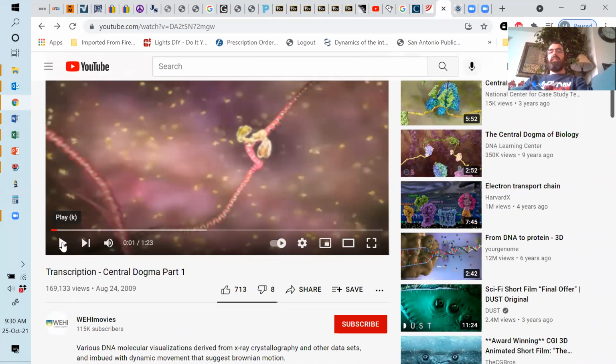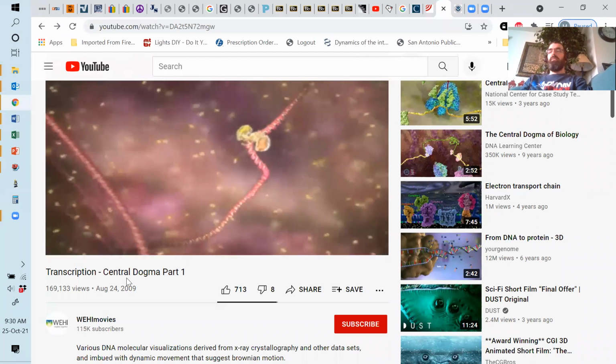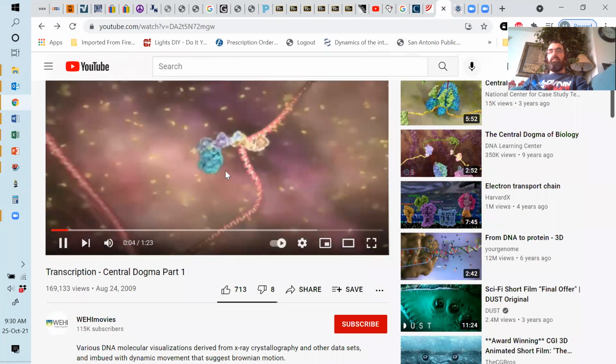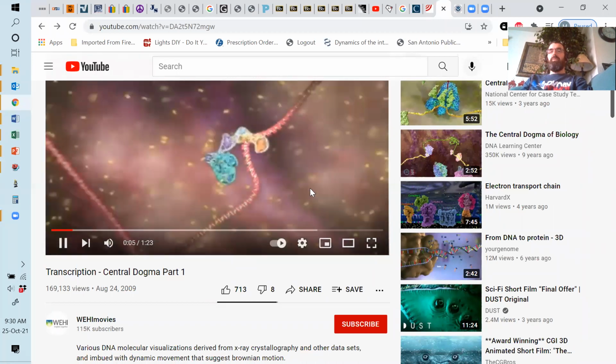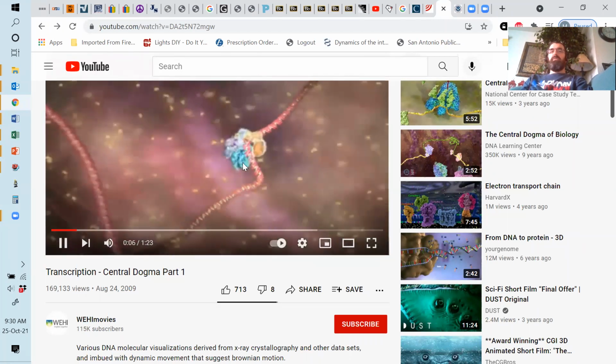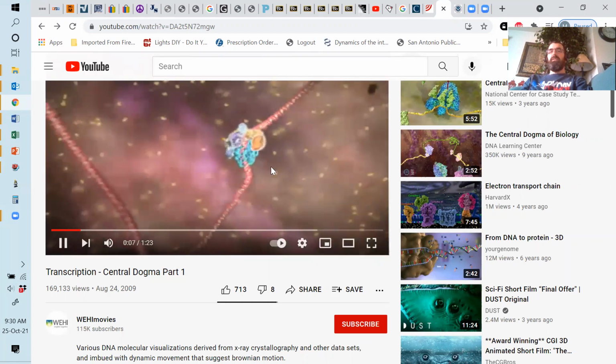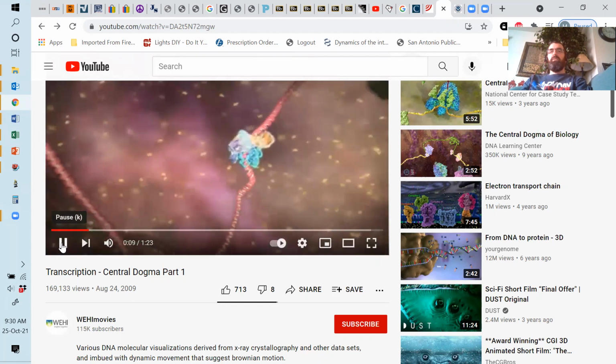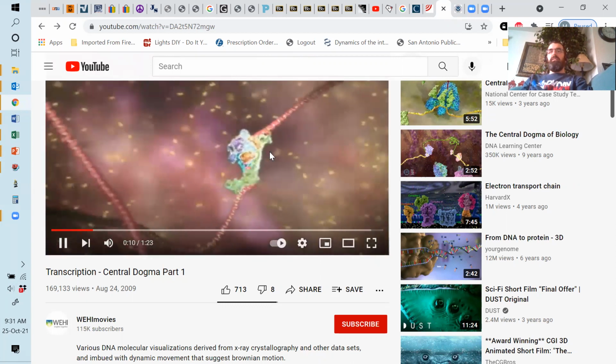And then we're going to see the DNA curving around. So here, everything assembles, forms the right shape. It doesn't actually make any noise. I'm pretty sure that purple thing is RNA pol. I could be wrong.